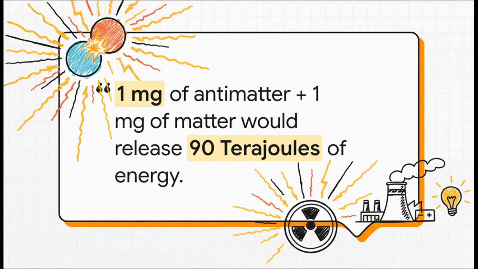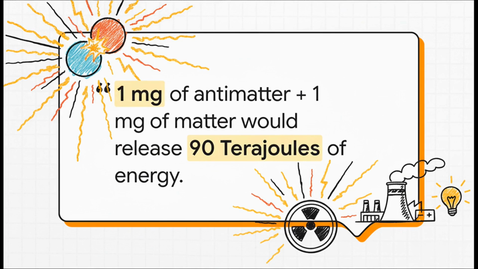And of course, we have to talk about energy. I mean, the whole idea of antimatter power is a staple of science fiction for a very, very good reason. The energy you get from matter-antimatter annihilation is just mind-bogglingly efficient. It is the most potent energy source the laws of physics will allow. That 90 terajoules from just a single milligram, that's more energy than was released by the first atomic bomb.